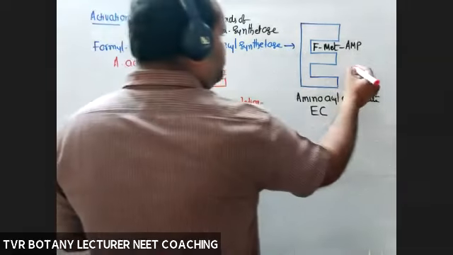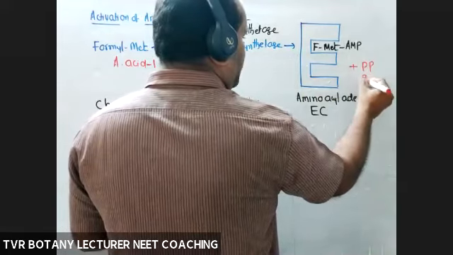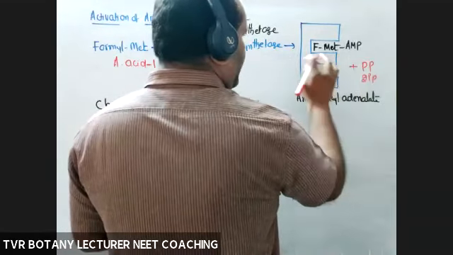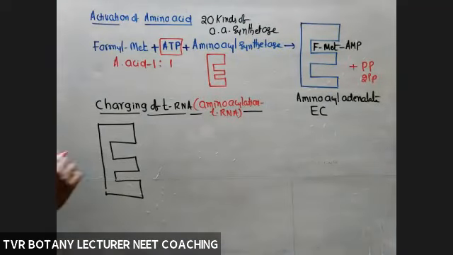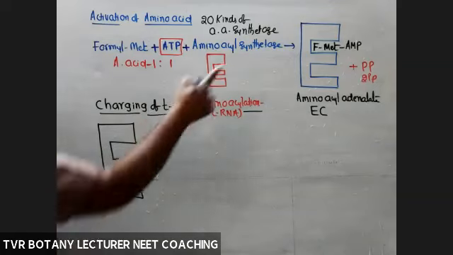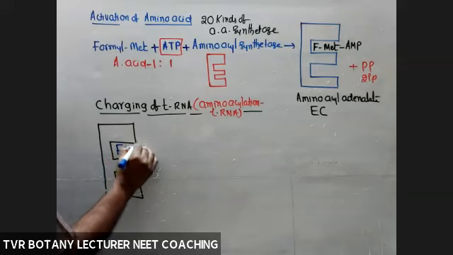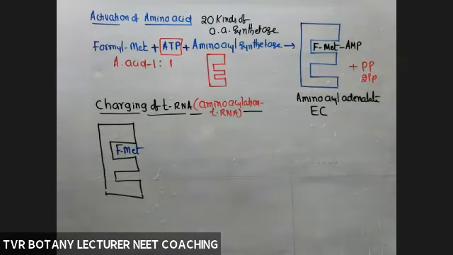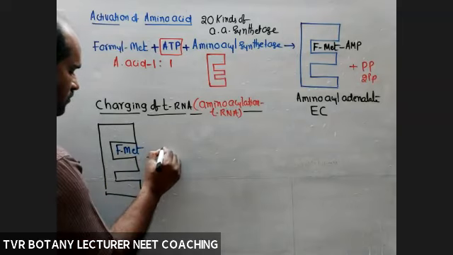And one more, pyrophosphate, means 2 inorganic phosphates, ATP minus 2 inorganic phosphates. So here, formyl methionine tRNA. In one of the two sites, one amino acid is already bound. So formyl methionine plus now cognate tRNA.